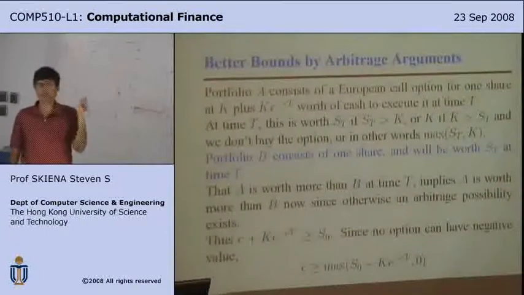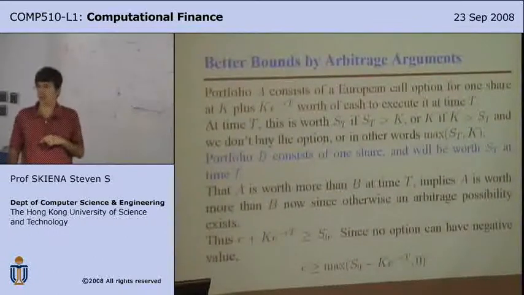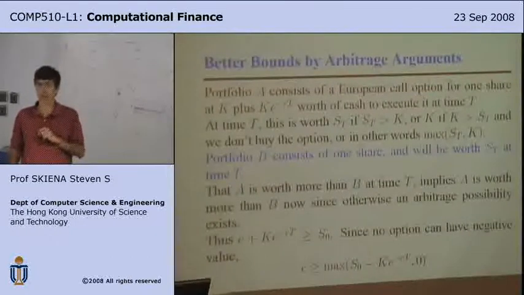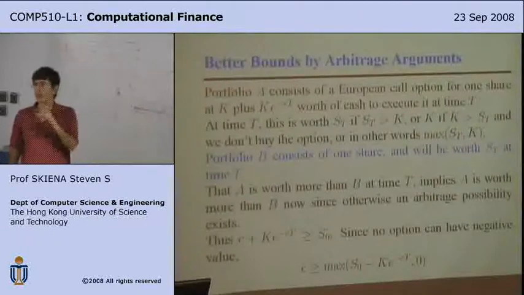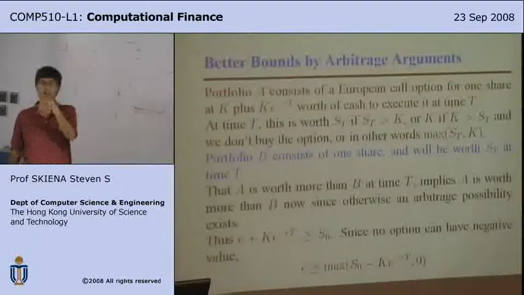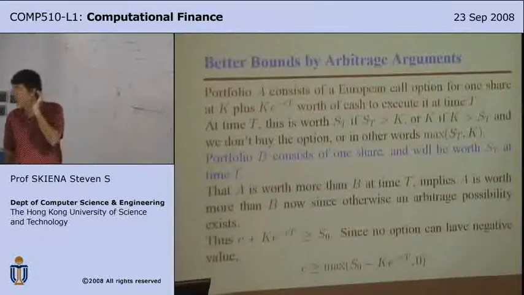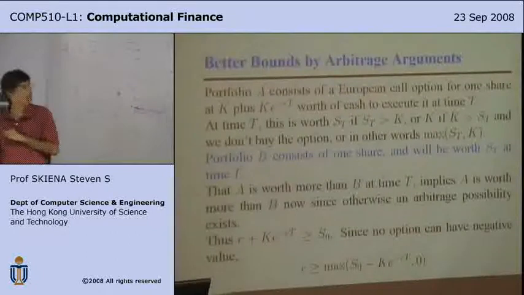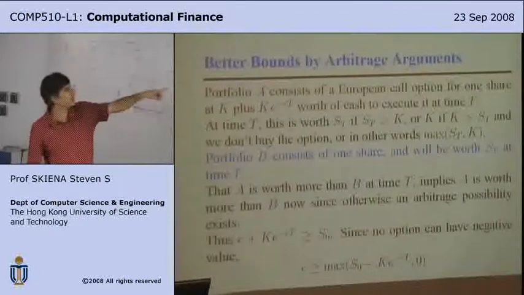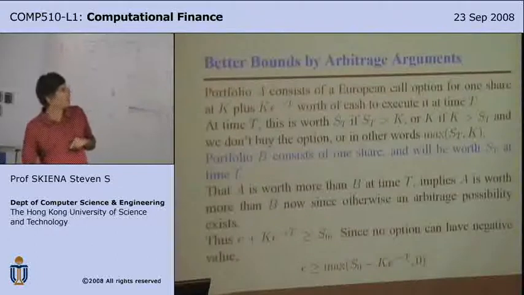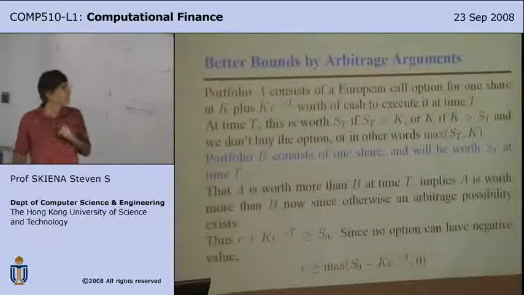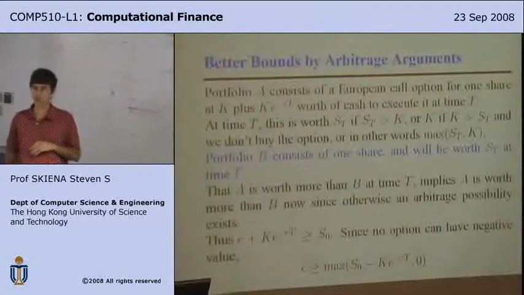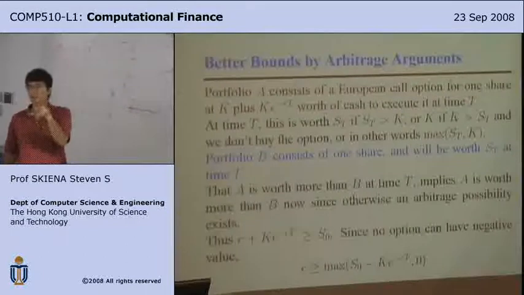If the price of the stock at the time of the expiration of the option is higher than the strike price, what am I going to want to do with my call option and my cash? Execute it. Say, here, take the option, take my money, give me my share, right? So the value of it is S of t then. What if at the time of execution, the price of the stock has gone down? It's below my strike price. Do I want to execute the option or not?